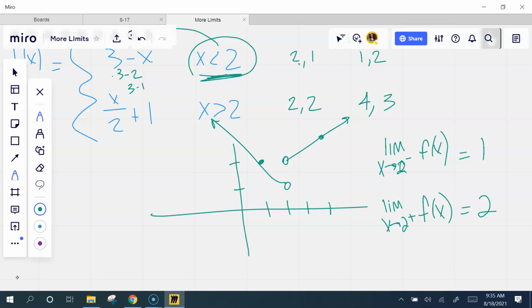Part A said graph it. Part B said determine the limit as it approaches C from the right and then as it approaches C from the left. So this is part A, this is part B. Part C would be no because the one-sided limits are not the same.